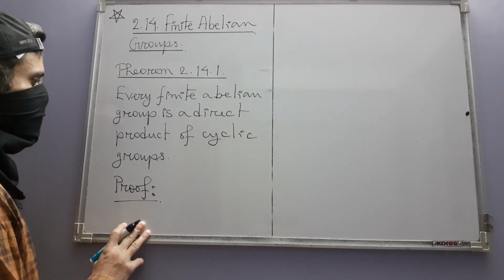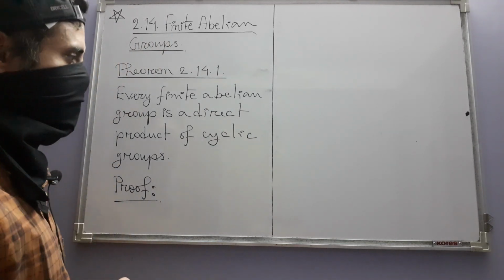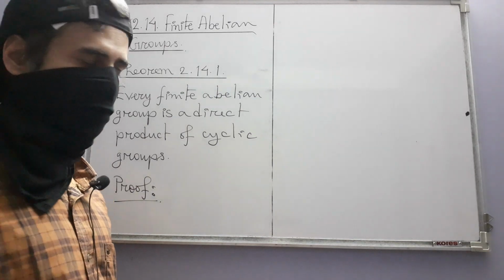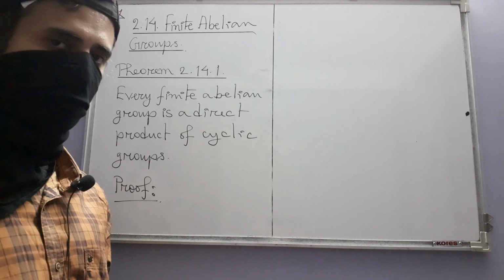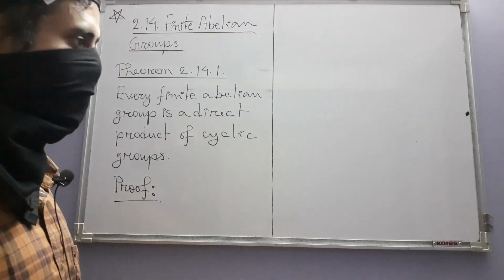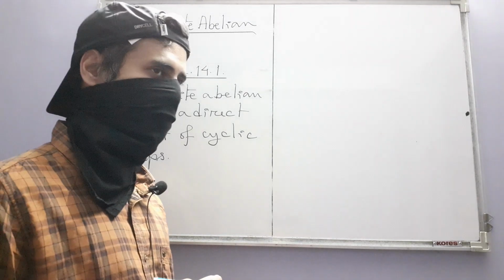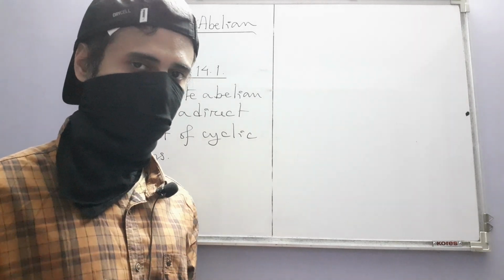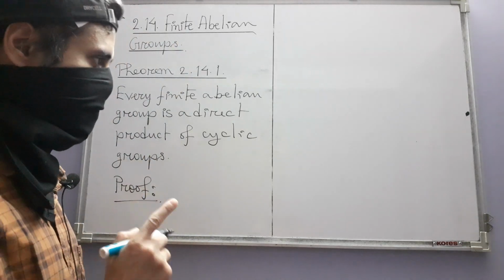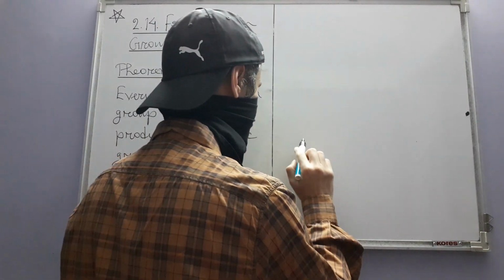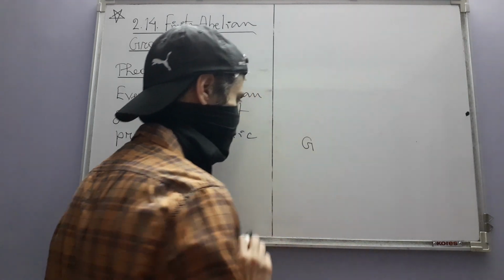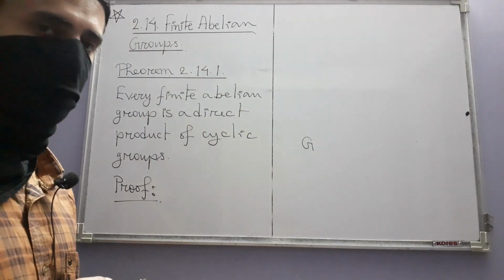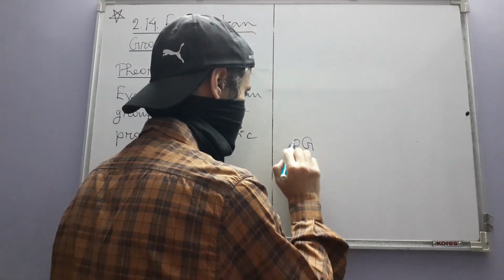Alright, so in the beginning itself there is a simplification. It's given that we have a finite abelian group. Now the order of a finite abelian group has its own factorization. There is in fact one case which you can handle in the beginning itself. Say G is a finite abelian group which has only one element.